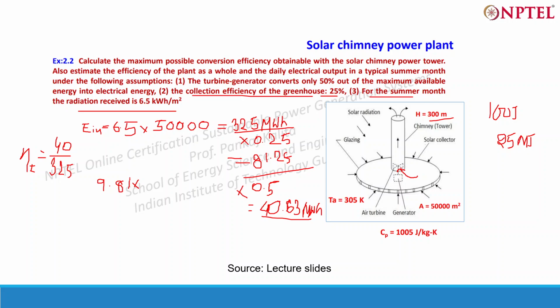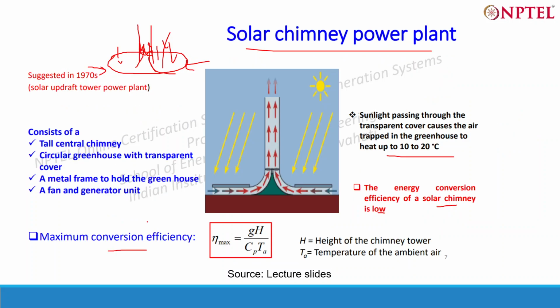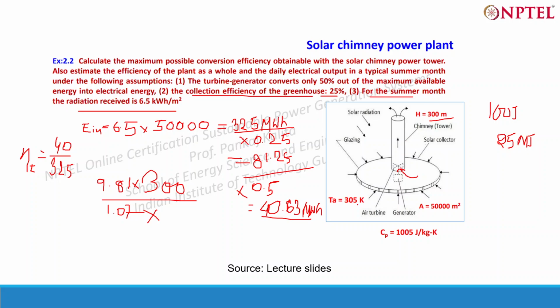Okay, so we have 300, and then CP of air is something, CP is 1.07 or something. So 1.07 was 0.717. Please check it. And then what is CP and TA, the temperature of ambient air. It's given as 305.